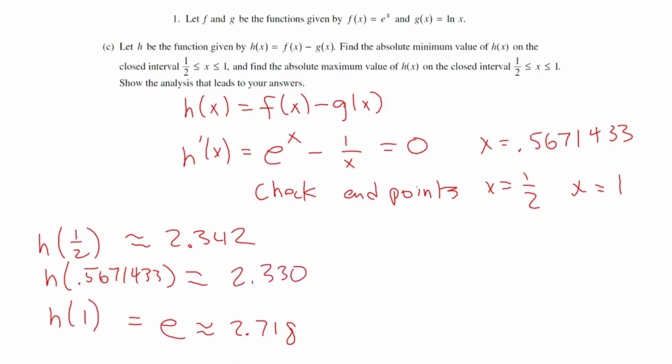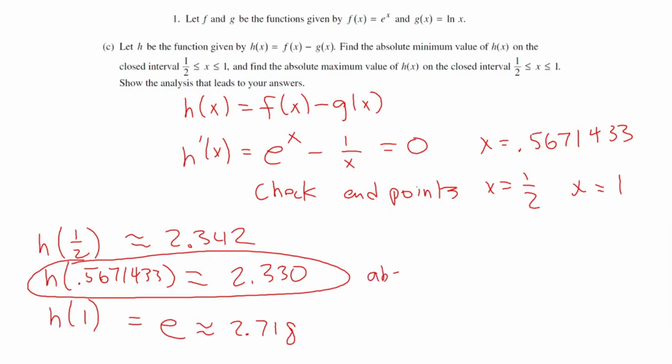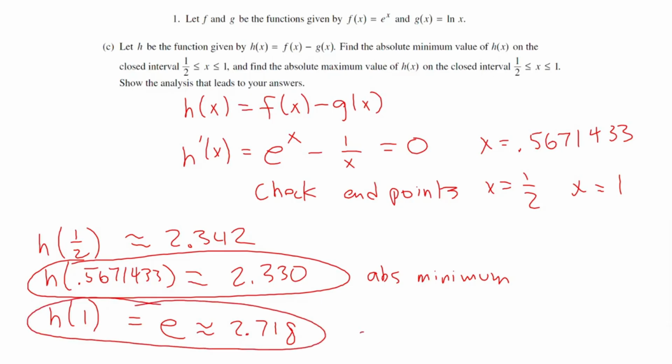And so we can see that that one is the absolute minimum. And h of 1 equal to e was our absolute maximum.